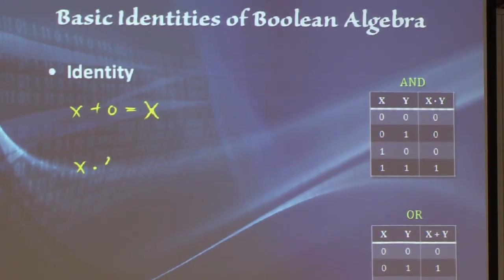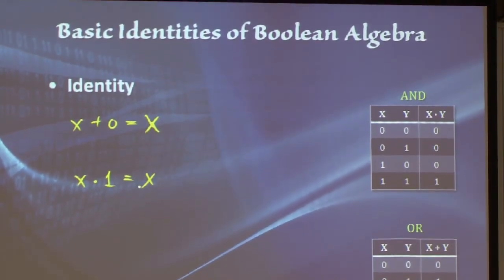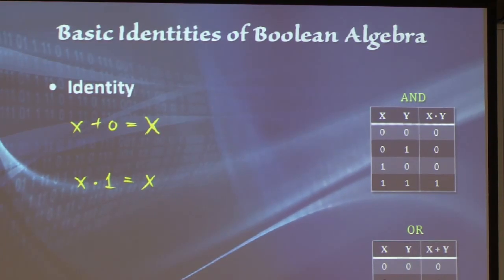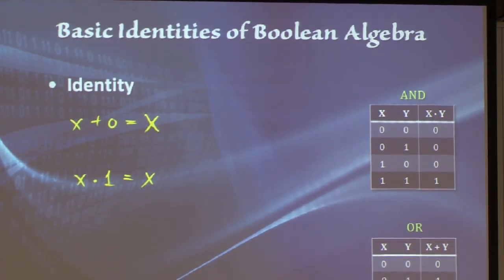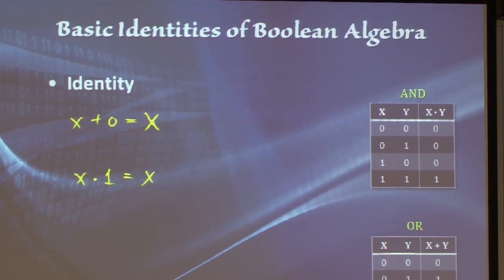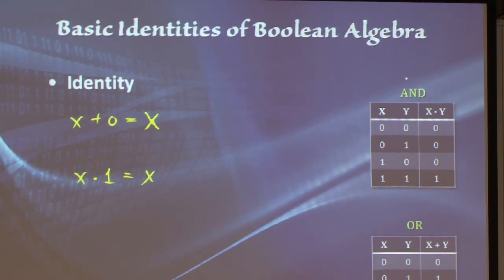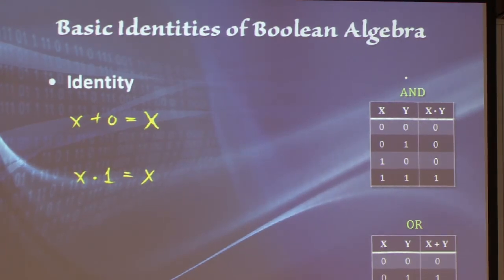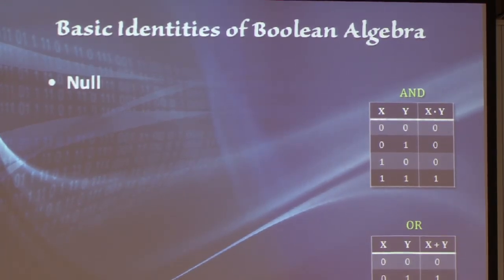Also, anything ANDed with 1 will give you that something back. Again, you can look at the truth table right here, and you can see that any time we have a 1 for the y, you will get what x was as the function. These things sort of make sense, but that's the identity.